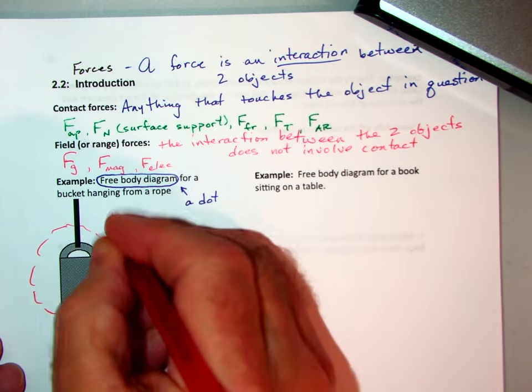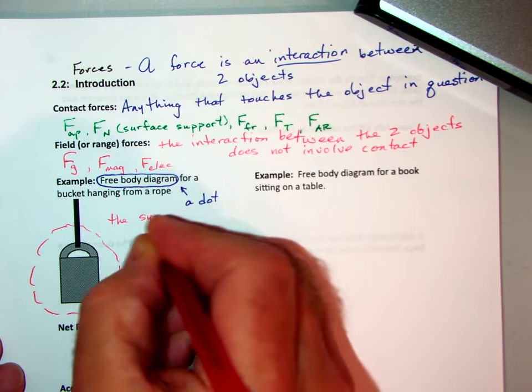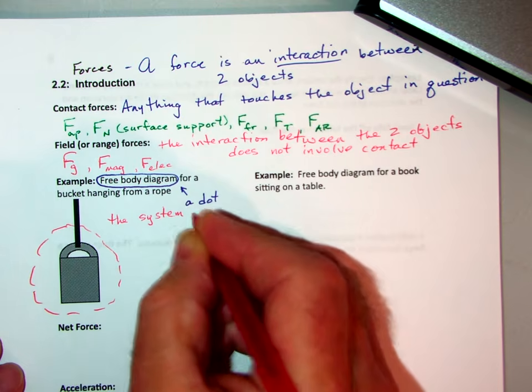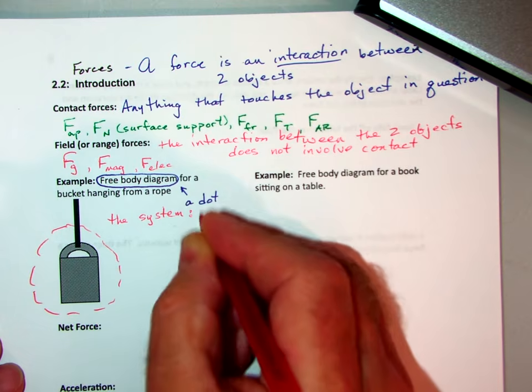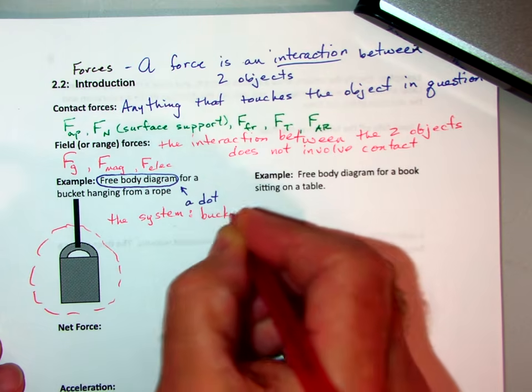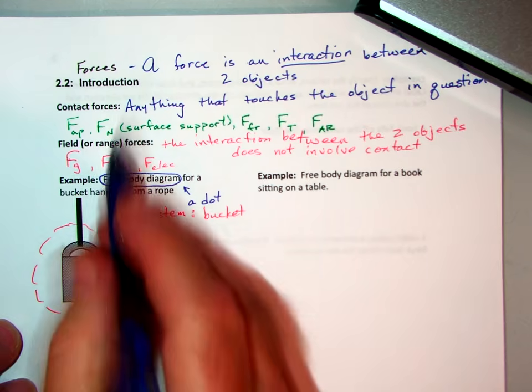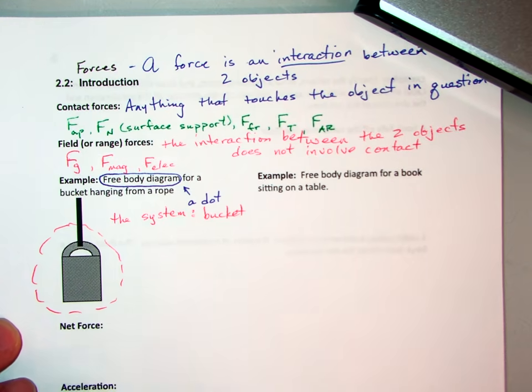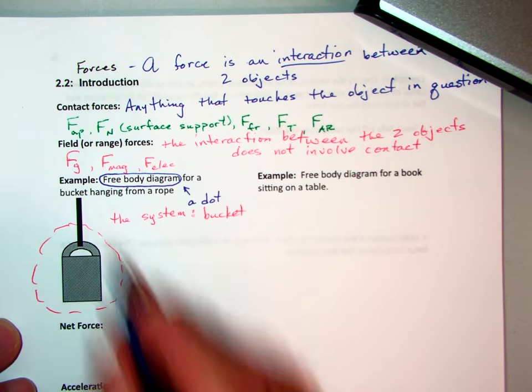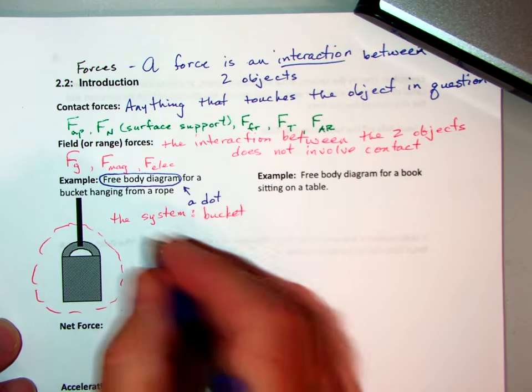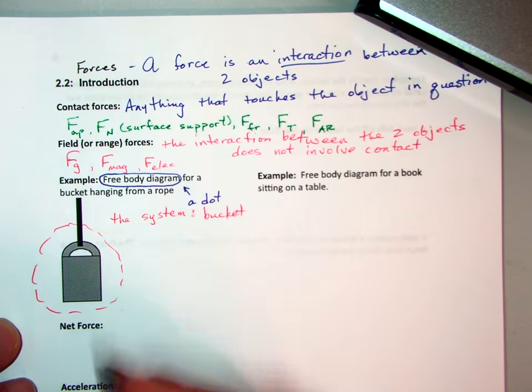All right. So in this case, the system is the bucket. The reason why we circle the system is because we can identify all of our contact forces by whatever breaks our system circle. So in this case, there is the rope that breaks our system circle.